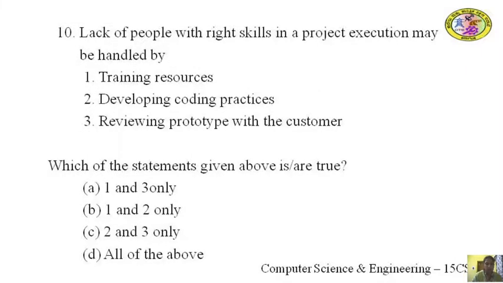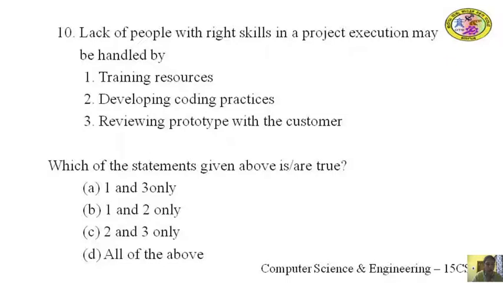So the next question is, lack of people with right skills in a project execution may be handled by 1. Training resources, 2. Developing coding practices, 3. Reviewing prototype with the customer. Which of the statements given above is or are correct?